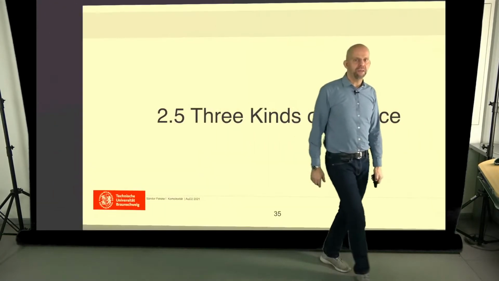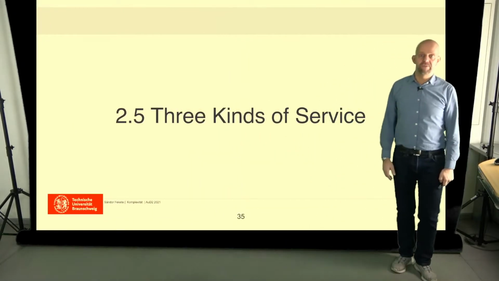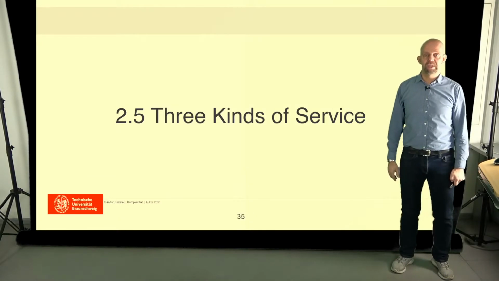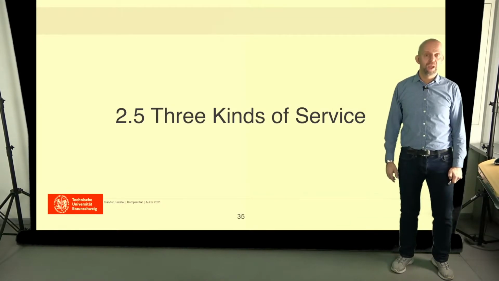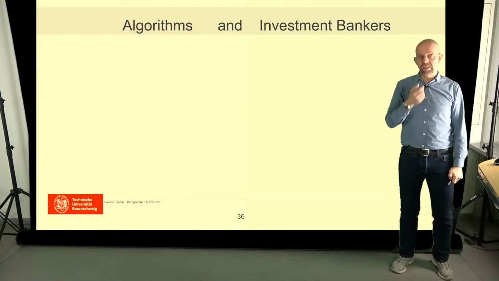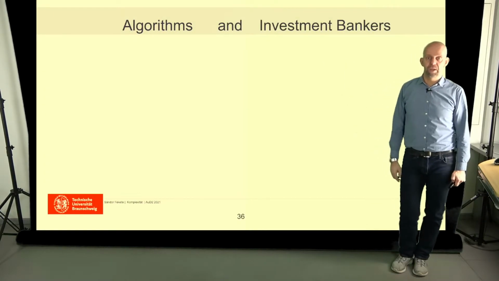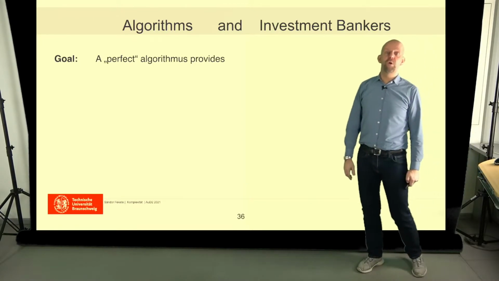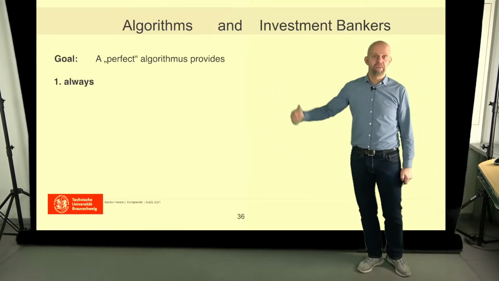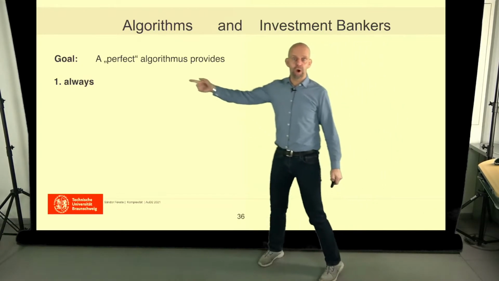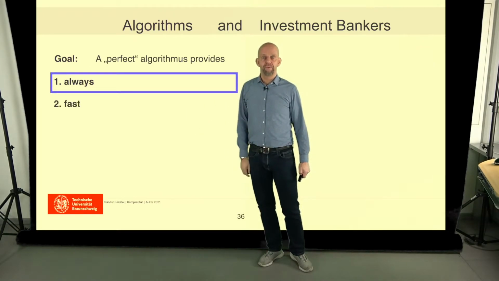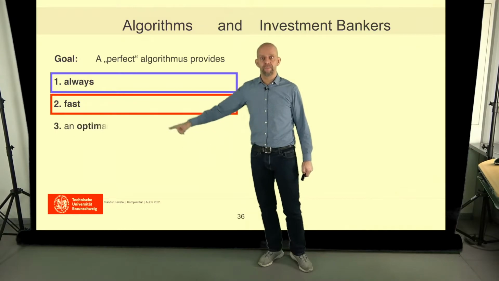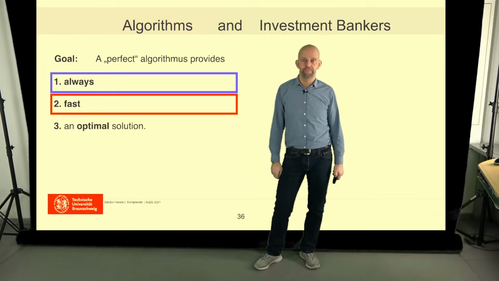Let's look a bit at the consequences of this, and three kinds of service; you will see in a few minutes what that means. And let me give you some outcomes here. Algorithms and investment bankers. So what we would want to have are these three properties: always, fast, an optimal solution.